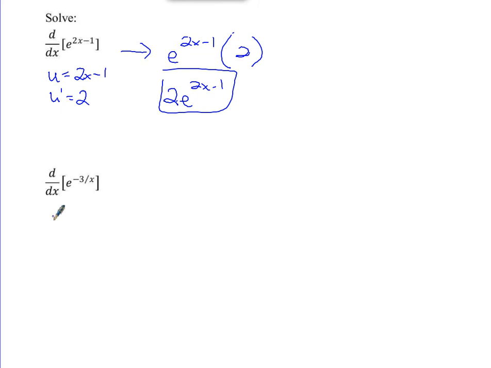So how about one that looks like this? The derivative of e to the negative 3 divided by x. Let u equal negative 3 over x, which is negative 3x to the negative first power.